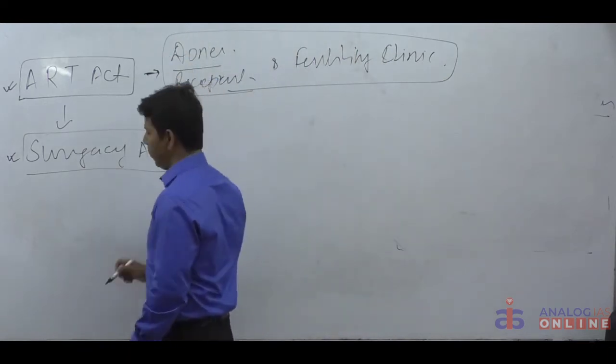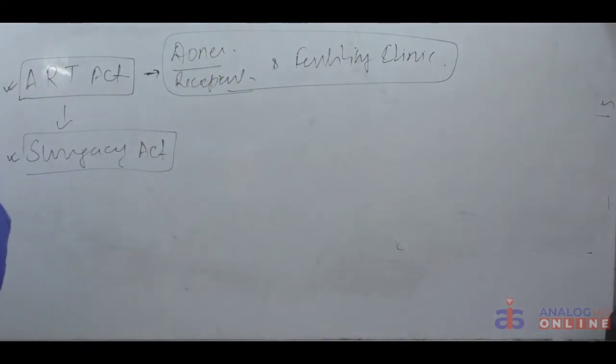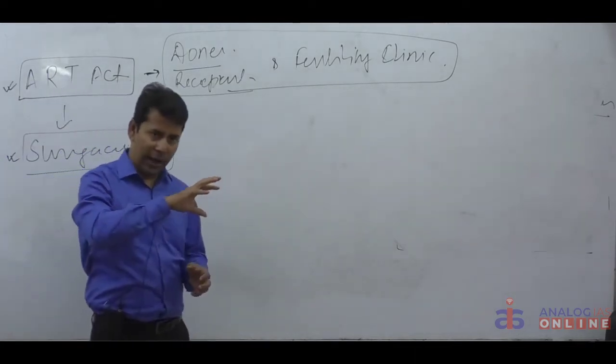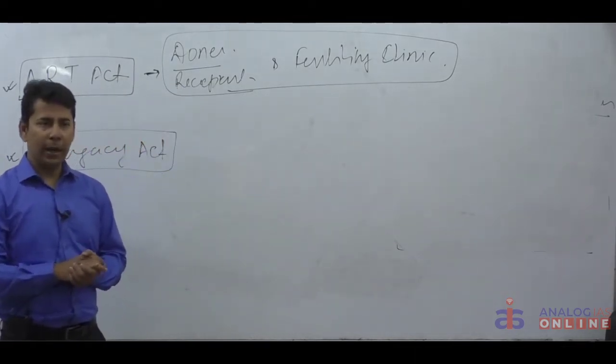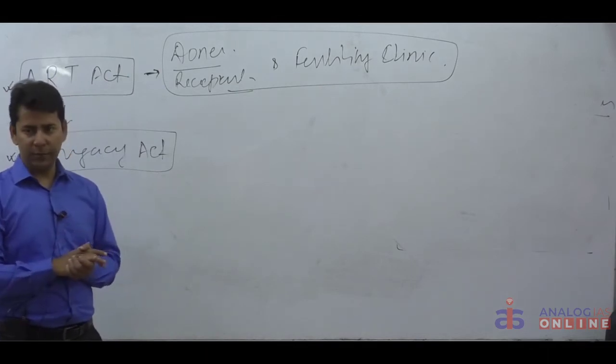So donor is sperm donor, egg donor, recipient who can receive it, and then fertility clinic. This all has been managed under a legal ambit under ART.